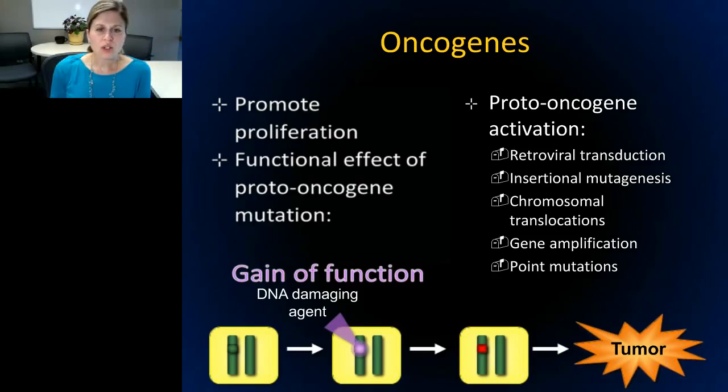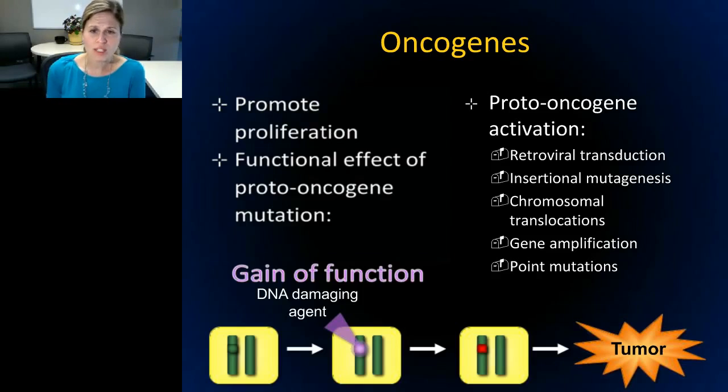So oncogenes are actually normal genes initially. They're called proto-oncogenes, and they have a normal function within the cell. It is only when there has been some kind of an alteration to that proto-oncogene that it disrupts its normal function, leading it to an oncogene and therefore to this new gain of function.